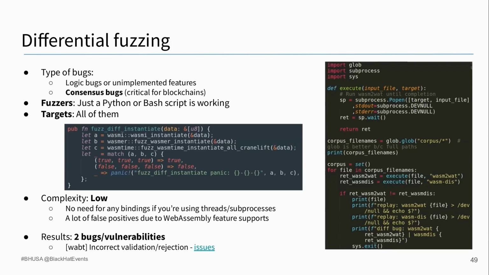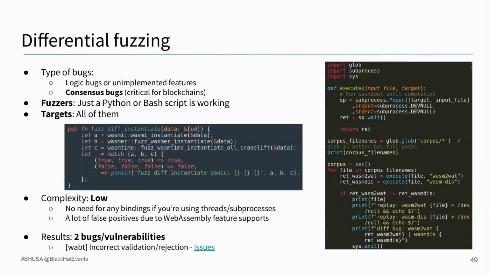But on the other hand, in the context of blockchains, a logic bug like this one, meaning you are providing a WebAssembly module as a smart contract and it will be executed, and the result can be different between clients, is typically the sign of a consensus bug. So it's really, really critical. It's one of the most critical vulnerabilities you can have in blockchain software in general.